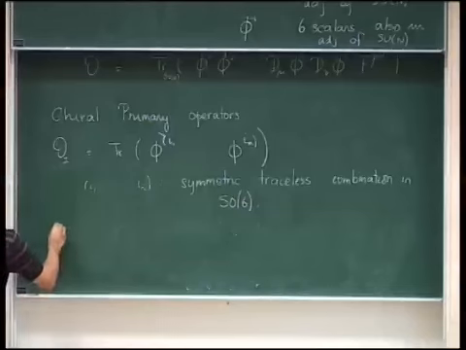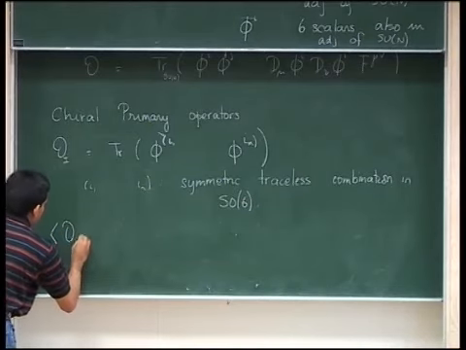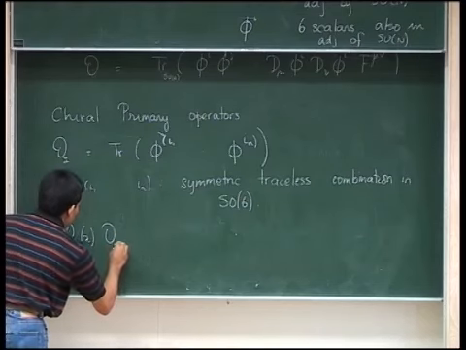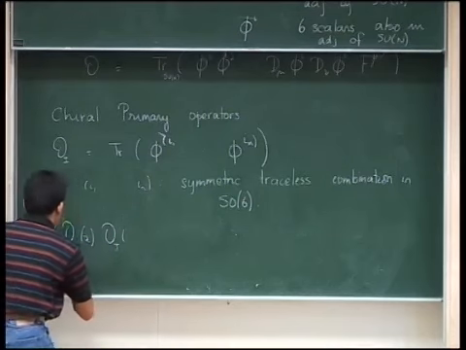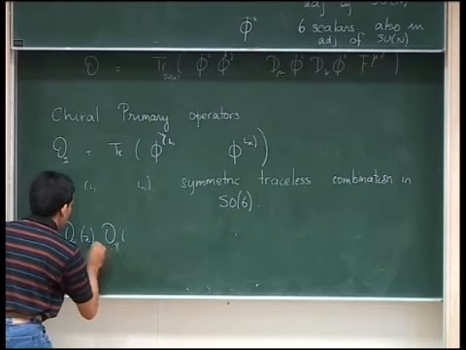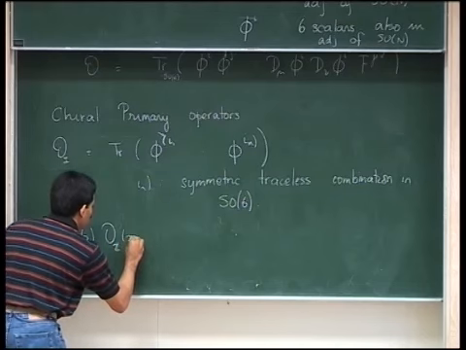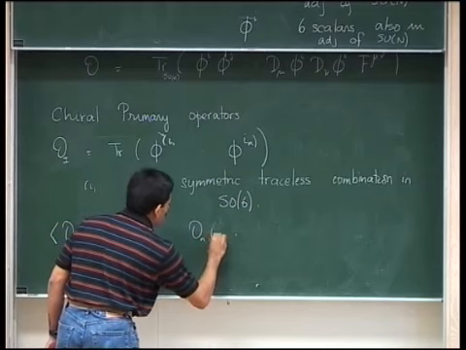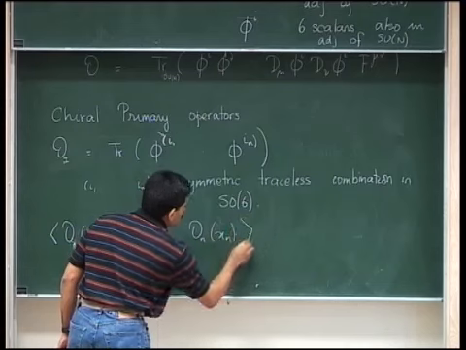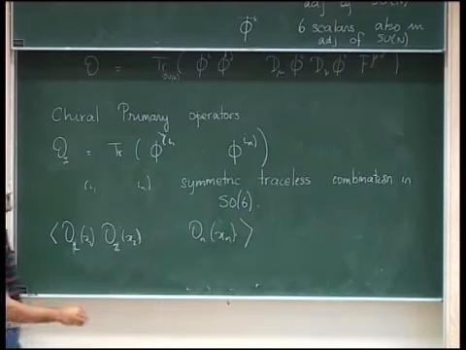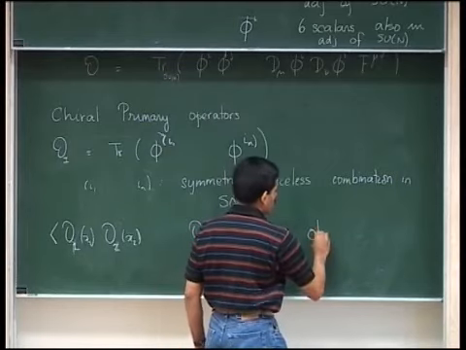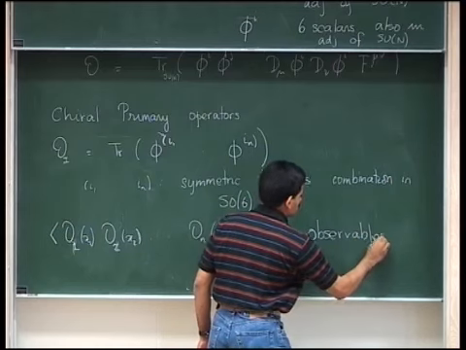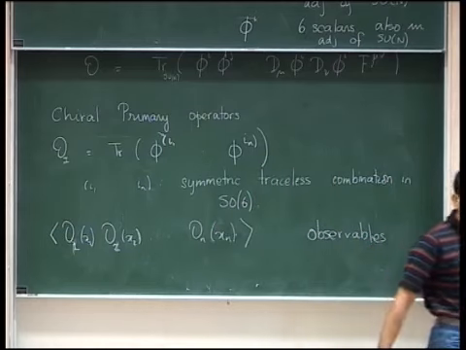And what we want to be able to calculate is correlation functions of the following kind. So this is one class of observables that we are going to be interested in.